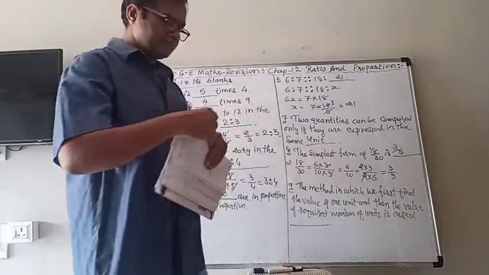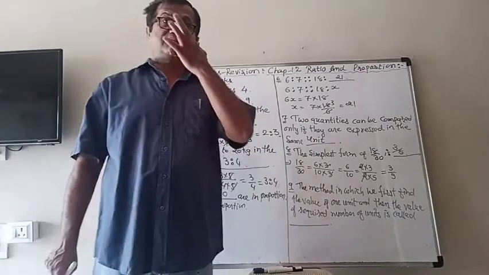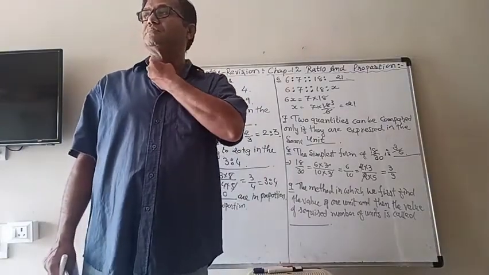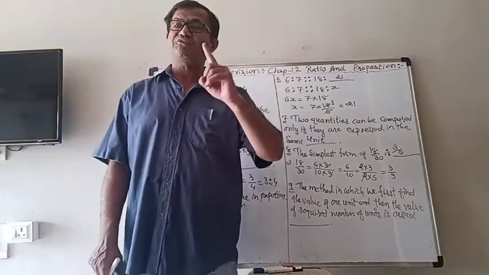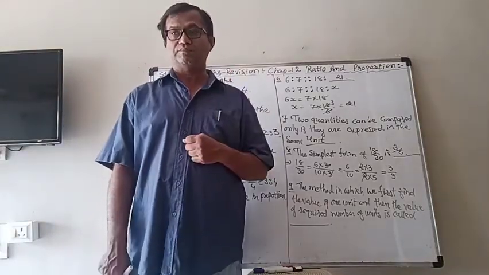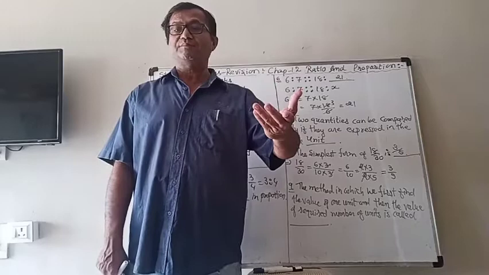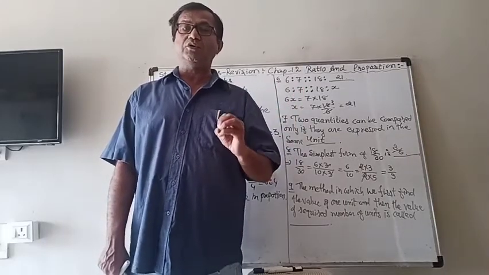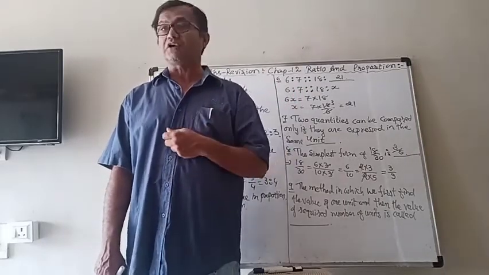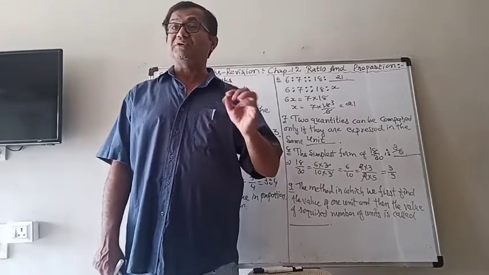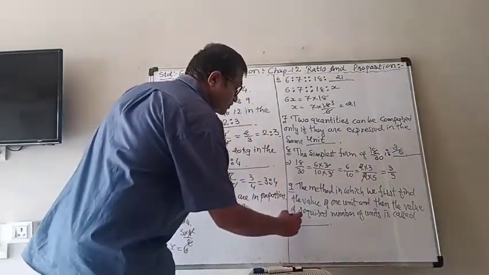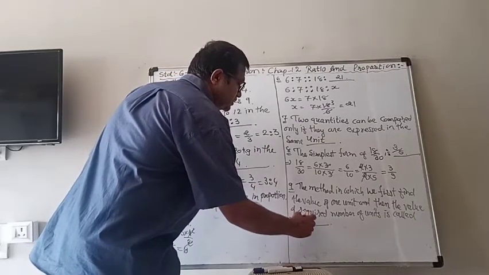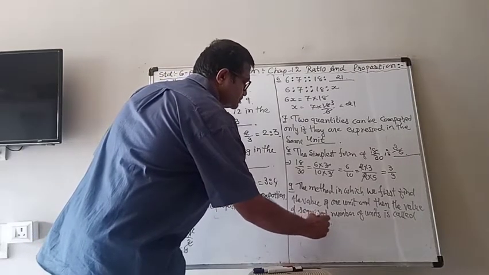So you learn that when we have to find the value of some quantities, first we find the value of 1 unit and then multiply that value by the number of quantities required. That method is known as the unitary method.